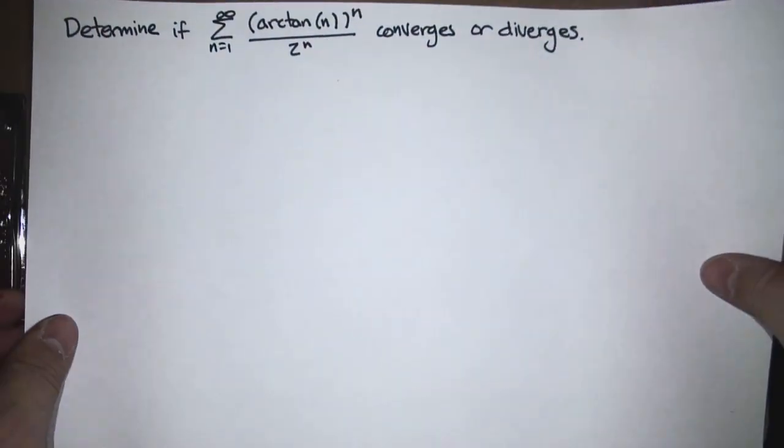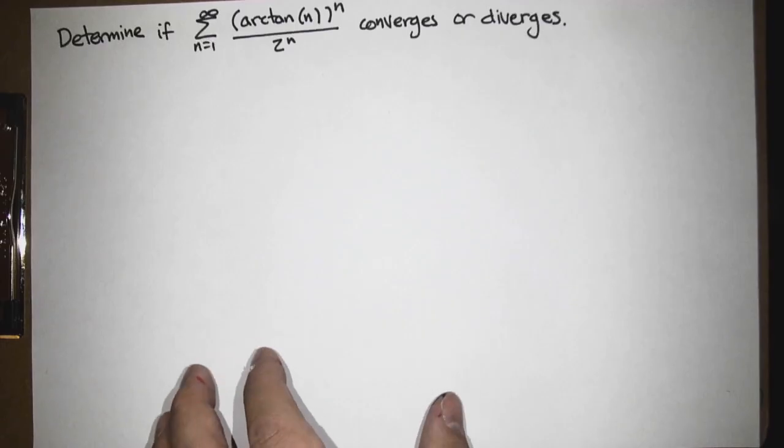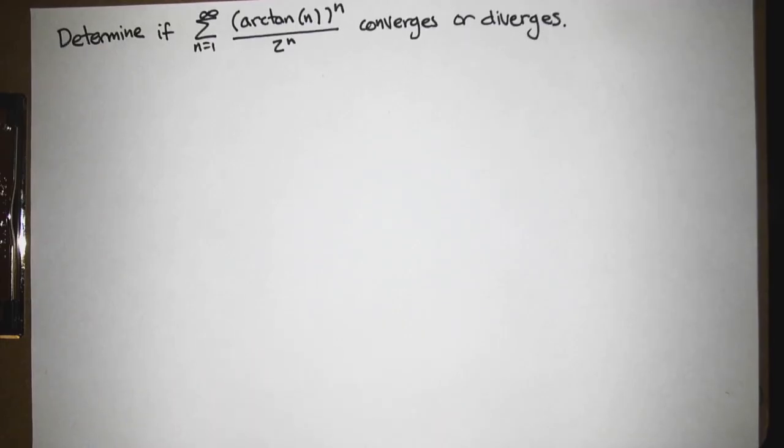All right. I have one more problem. We have time, so let's do it. Determine if the sum from 1 to infinity of arctangent of n to the nth power divided by 2 to the n converges or diverges. Okay. What's the test we're going to use? And why?